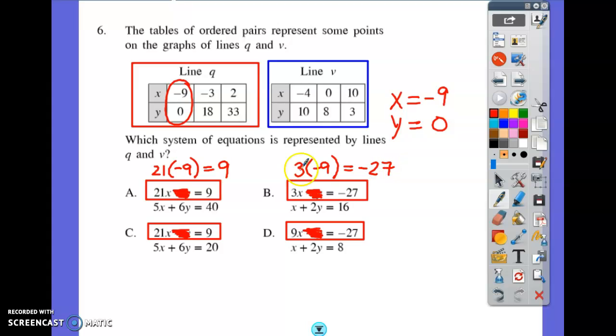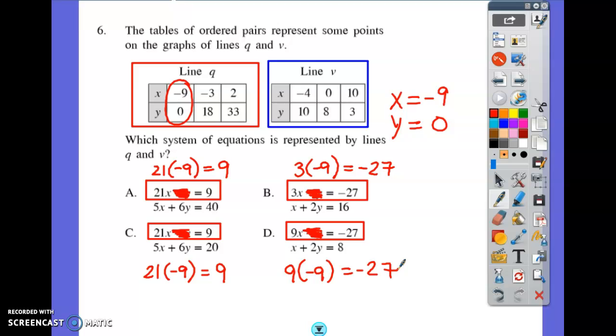Si multiplicas 3 por -9, ¿te da -27, sí o no? So just think about those things. What about C? 21 times -9, that gives me 9. And then the last one, 9 times -9, does that give me -27?